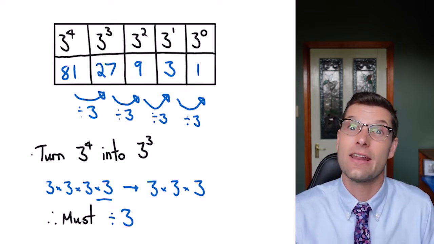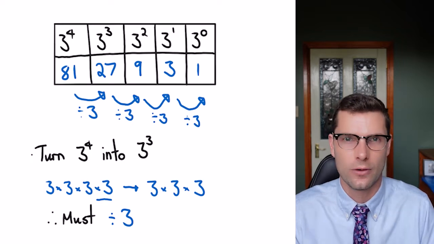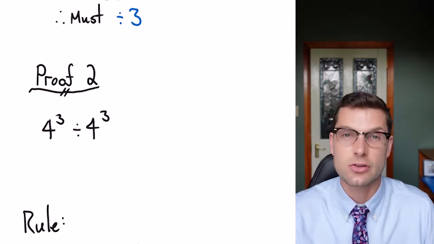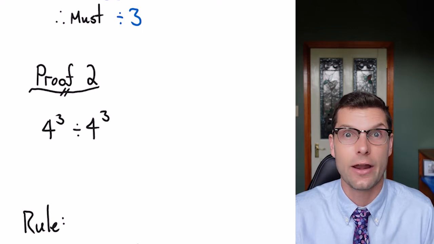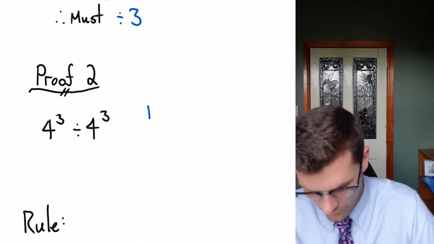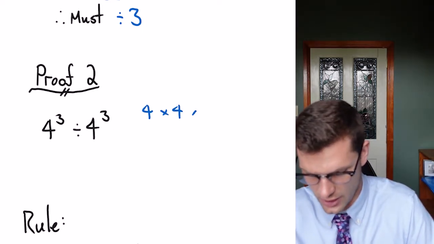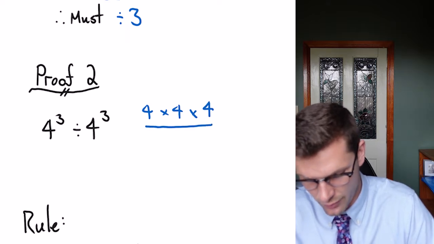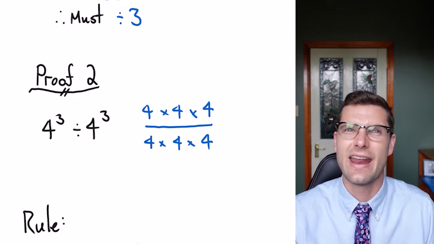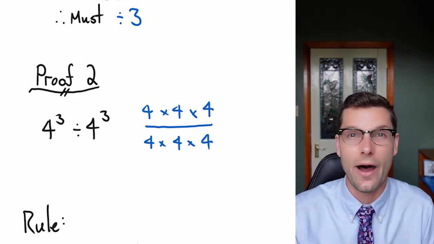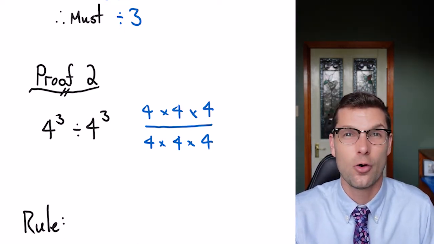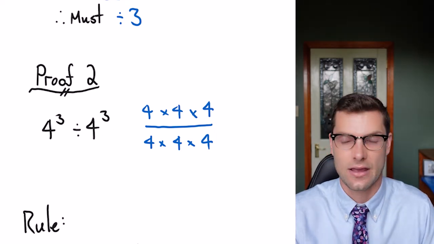We're going to have a look at another proof just to make sure we've got it locked in. So if I had 4 to the power of 3 divided by itself, I would have 4 times 4 times 4 divided by 4 times 4 times 4. We know that anything divided by itself is 1, but we're just going to cancel out all these 4s to see what's left over.